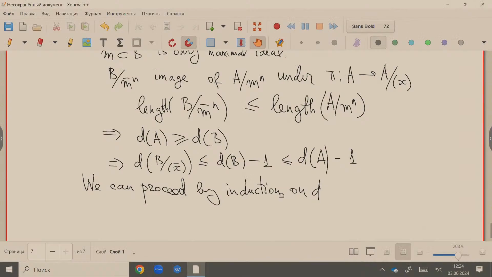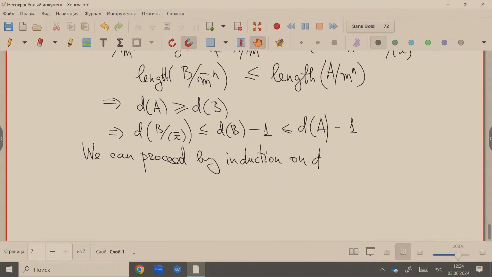And we can do it until there are no elements in the chain.